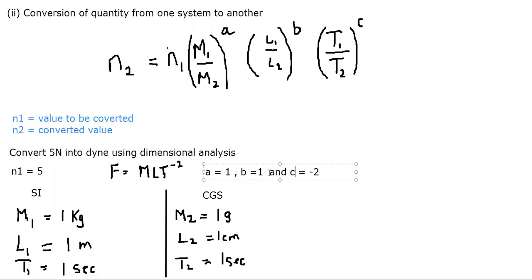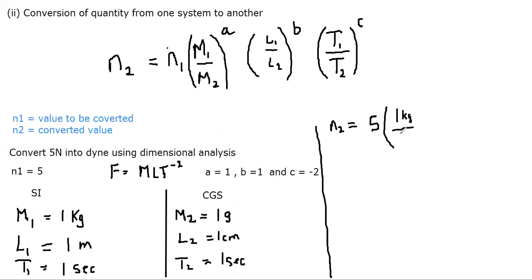Now put all these values in the formula. What would I get? I would get N2 is equal to N1. N1 is 5. Bracket M1. M1 is 1 kg, divided by M2, that is 1 gram.